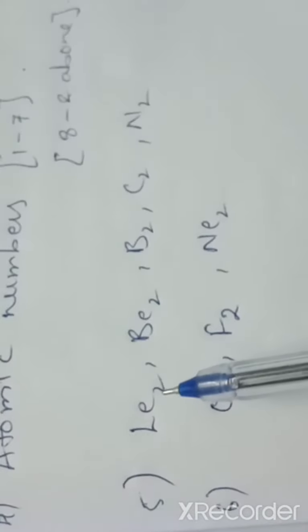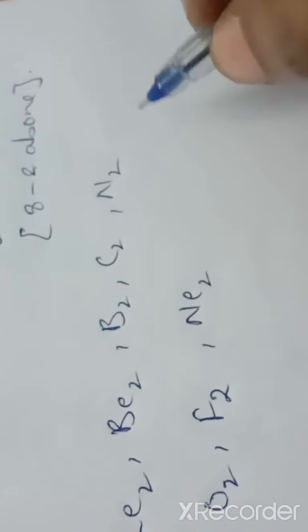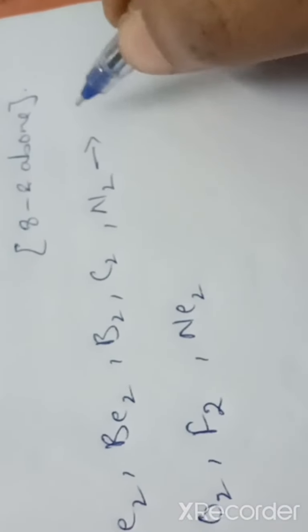These are the molecules: lithium, beryllium, boron, carbon, nitrogen. The small trick is the arrangement of orbitals, that is 2 1 2 1. This is a simple trick, I will explain it later.